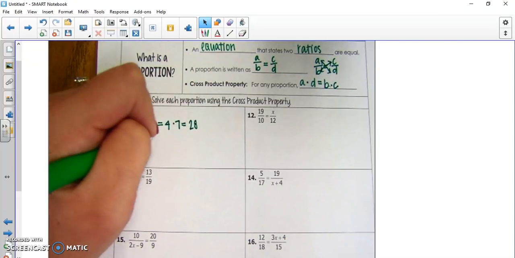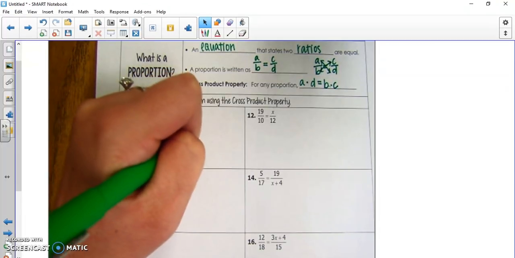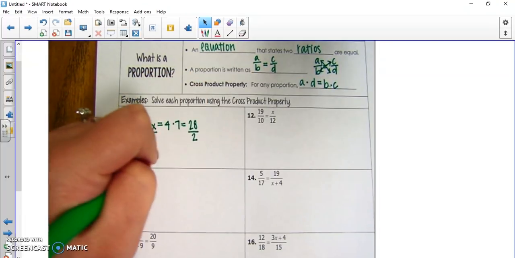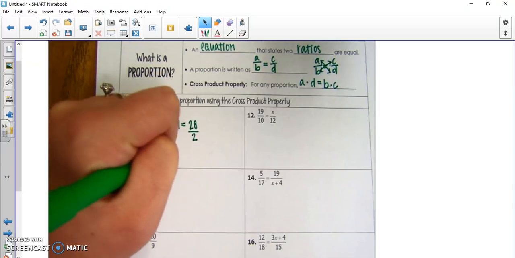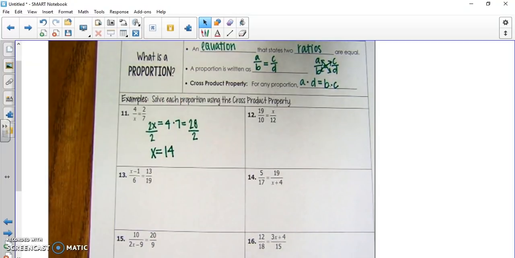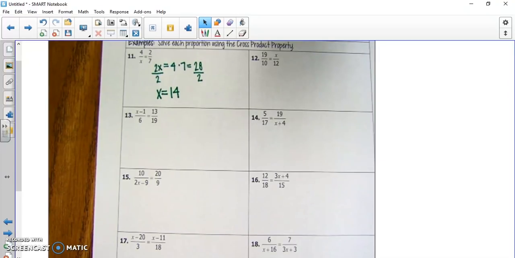So then we know we have to divide both sides by 2, and we get that x equals 14. Alright, and then if we do one of these down here, I'm going to have you guys do the other ones.